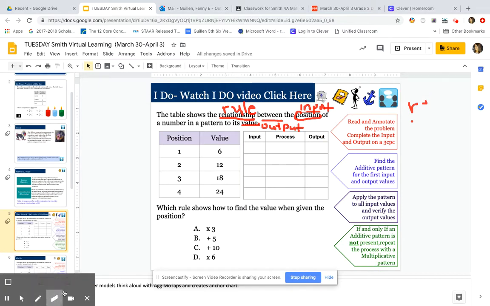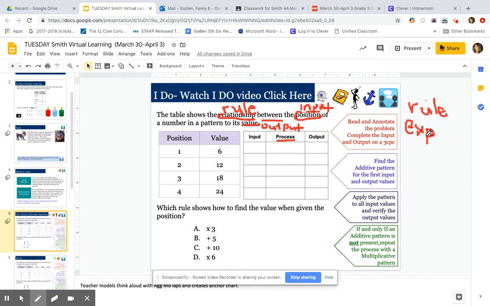I'm having trouble with my pen today. So remember that rule, process, relationship, and expression all mean the same thing.